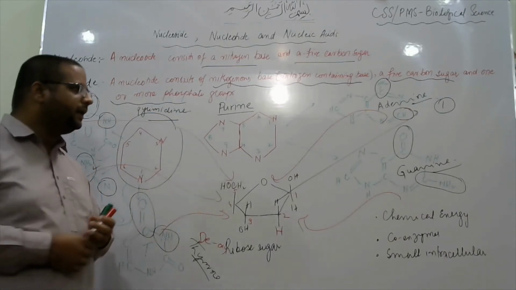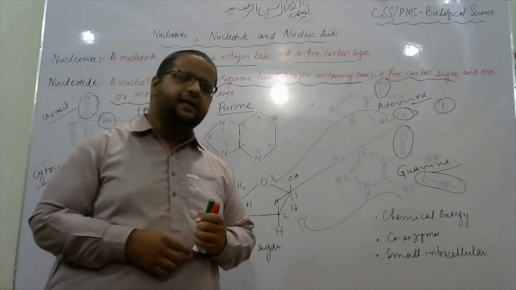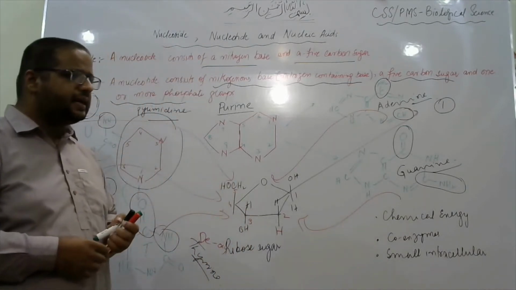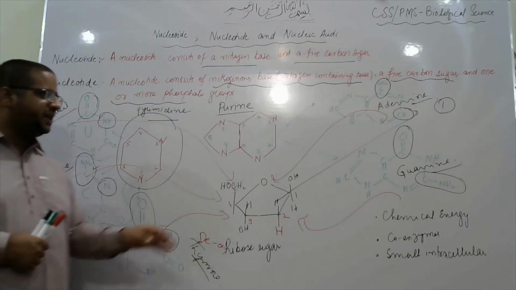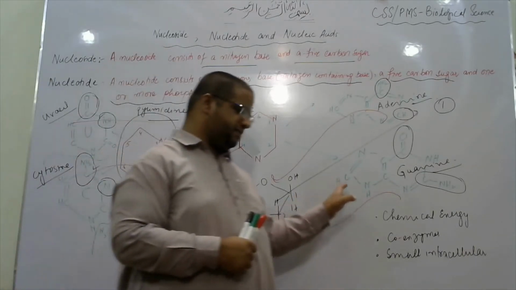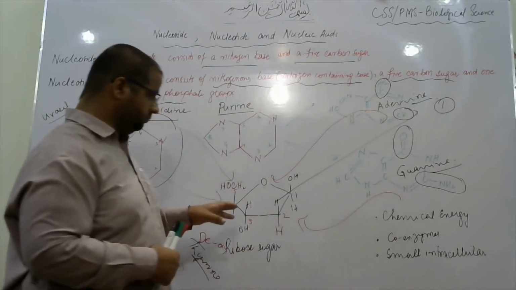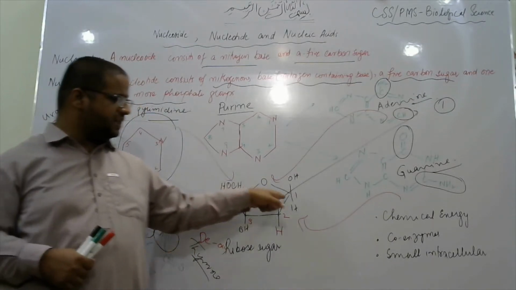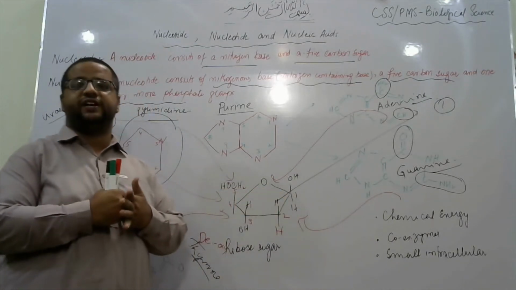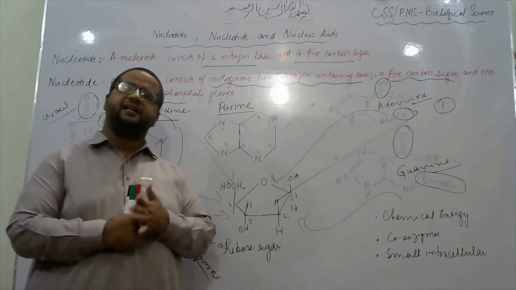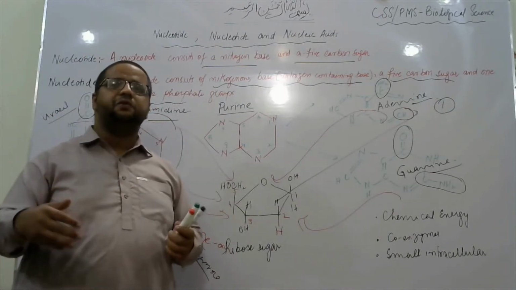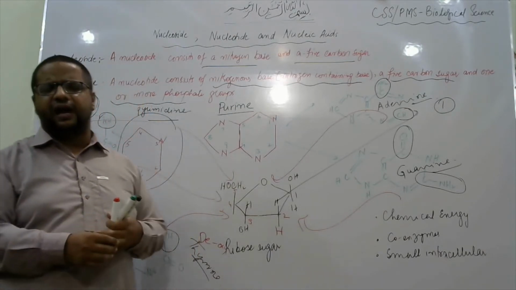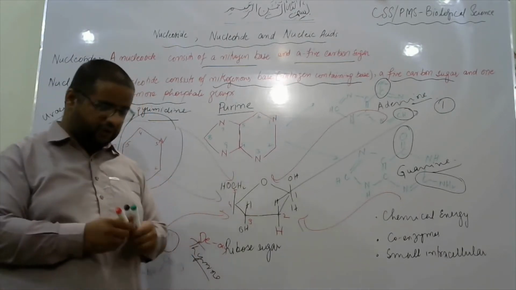Keep in mind that there is a glycosidic linkage between the ribose sugar and the nitrogenous base. At the first carbon there is attachment, so it forms an N-glycosidic linkage. When phosphate attaches and nucleotides link together, the bond that exists between the nucleotides is the phosphodiester bond.